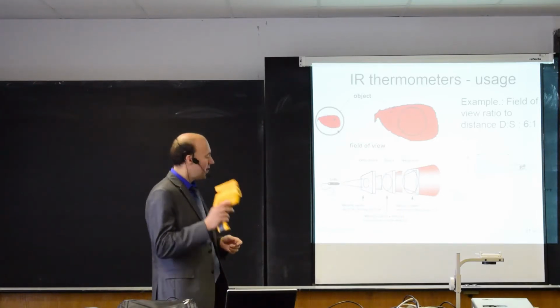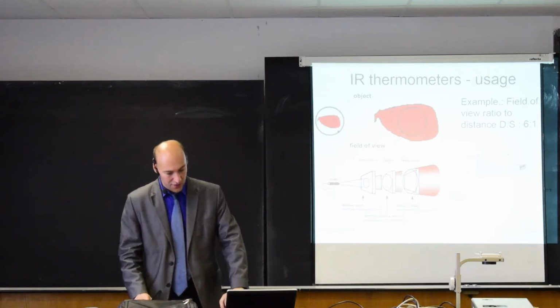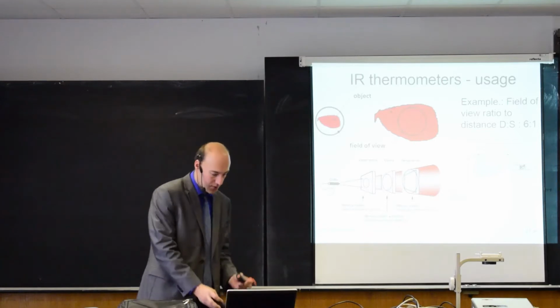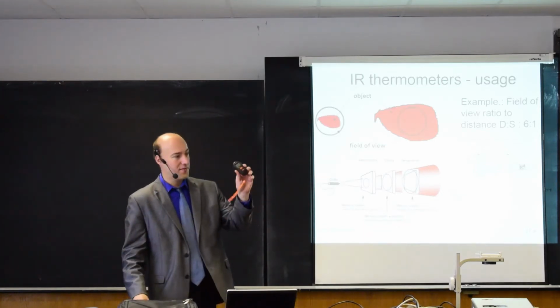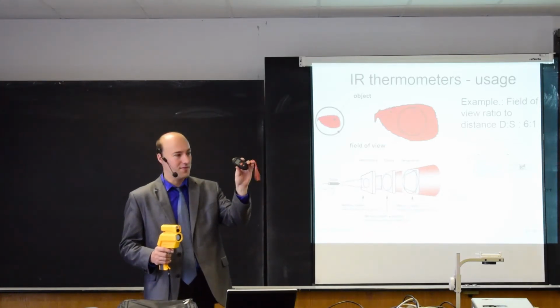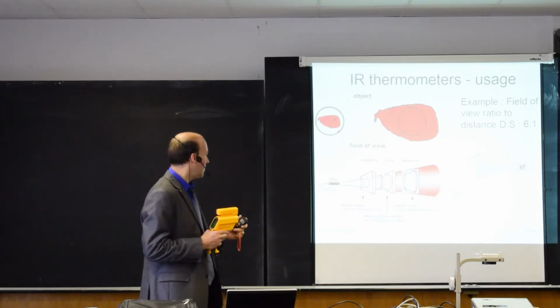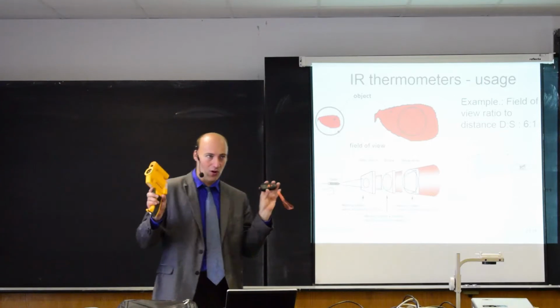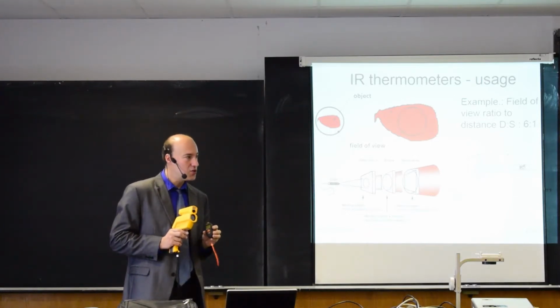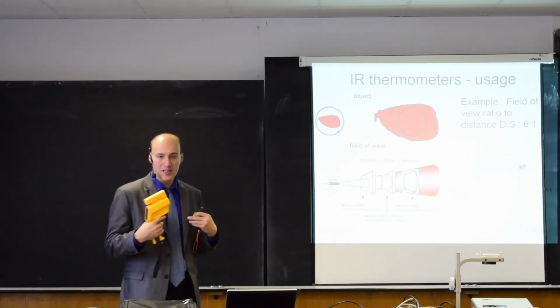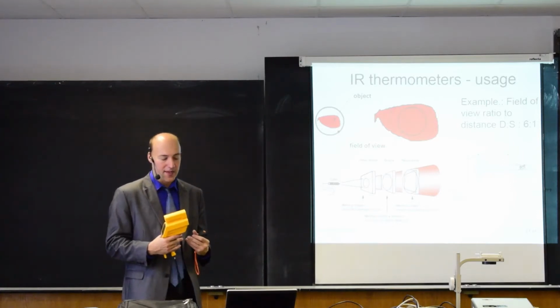So here I have two examples of infrared thermometers. A smaller, cheaper one, and a bigger, better one. But with all devices like this, you need to keep in mind that we are receiving the emitted radiation.